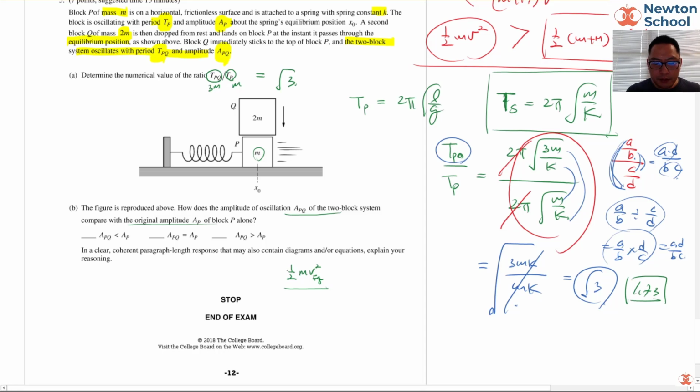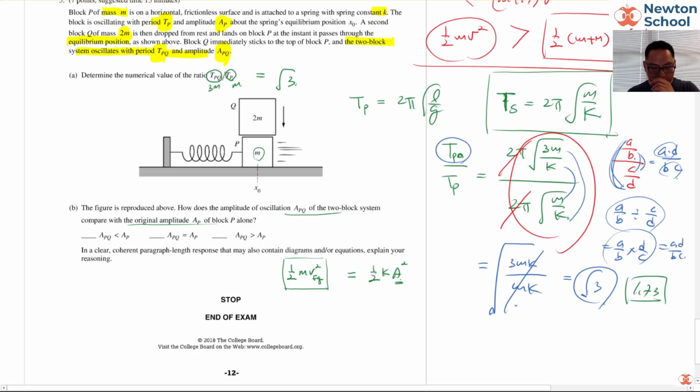At the equilibrium, the only energy you have is kinetic energy, because the potential energy of a spring, which is 1/2 kx squared, will be 0 because x will be 0 at the equilibrium. At the amplitude, your kinetic energy becomes 0, so all the energy is converted to the potential energy of the spring, which is 1/2 kA squared, and we are interested in finding this.